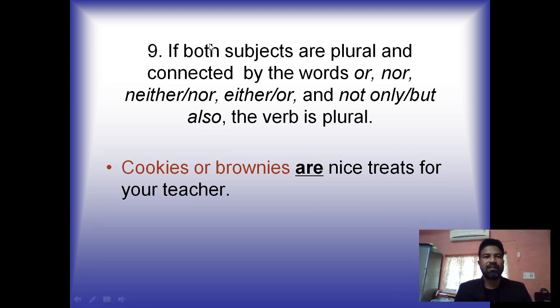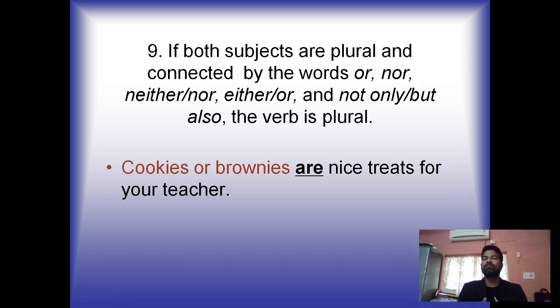If both subjects are plural and connected by words like or, nor, neither or, either or, not only but also, the verb is plural. Now you understand the concept here? Cookies or brownies are nice treats for your teacher. Cookies is a plural subject, and brownies is also a plural subject.